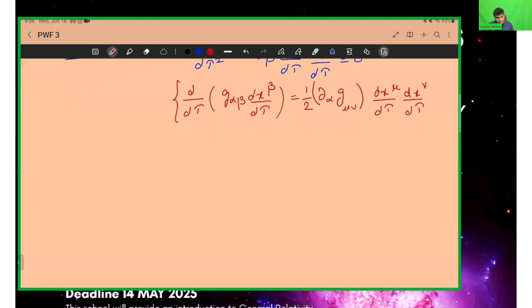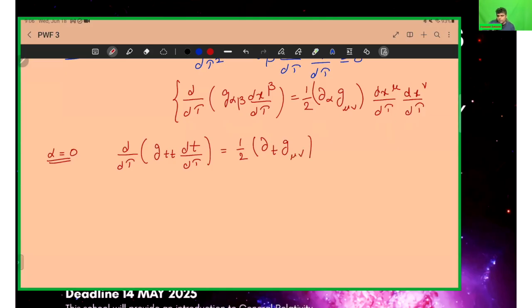There is one free index, which is alpha. So let's put alpha equal to 0, which means that we are talking about the time component now. The geodesic equation becomes something like this. And you see that here you will have a time derivative of the metric.